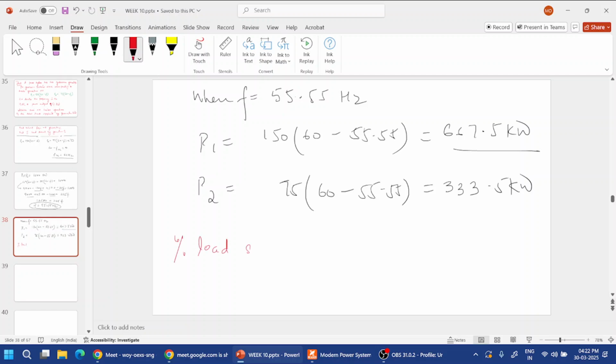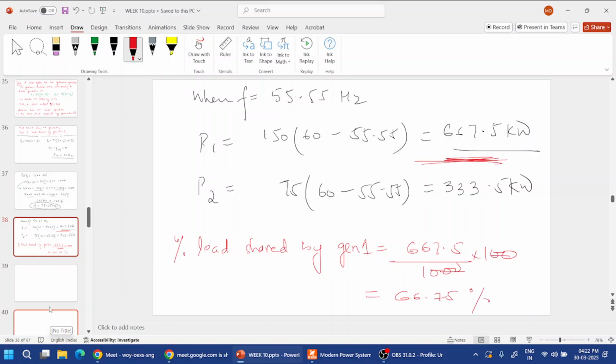Percentage load shared by generator 1 is equal to how much? Generator 1, this 667.5 divided by 1000 into 100, so it will be 66.75 percentage.